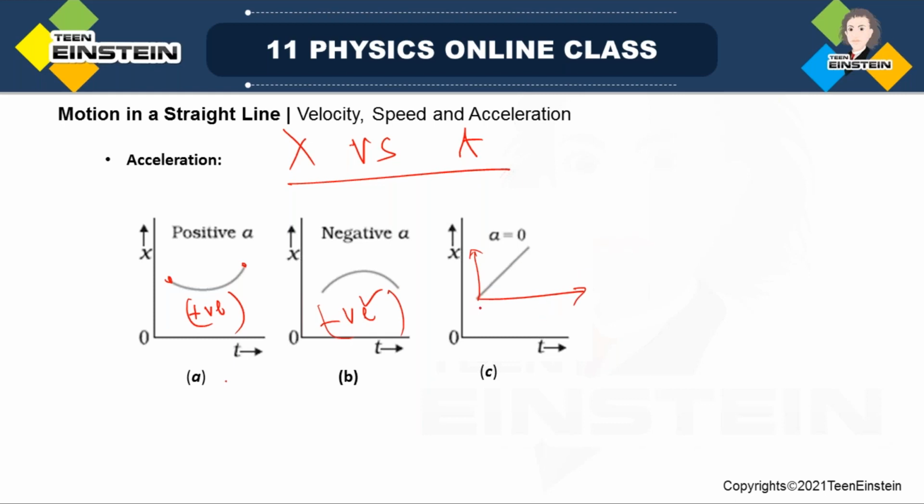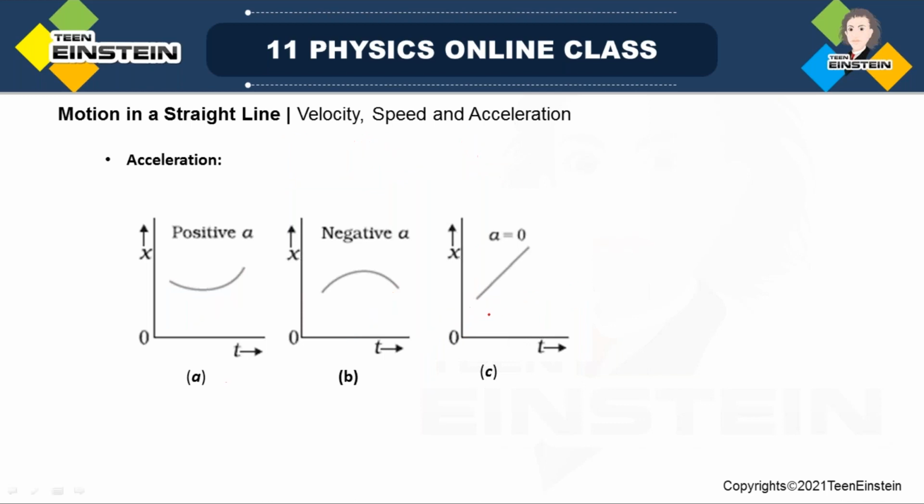It goes through the origin. If there is some initial distance already covered and then the motion starts, you will have a shifted position. It will not touch the origin, but it will be a straight line.